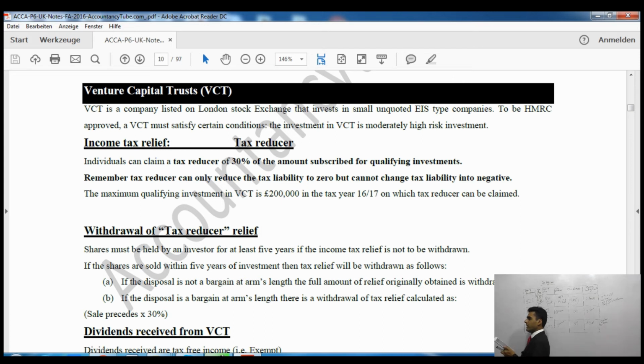So it is not very high risk, it is moderately high risk, less risk, because it is listed on the London Stock Exchange. Alright, I've listed less risky on the board. If you want to write down moderately risky, that is a more sophisticated word. The examiner will like it. Please make sure you write down moderately risky, moderately high risk.